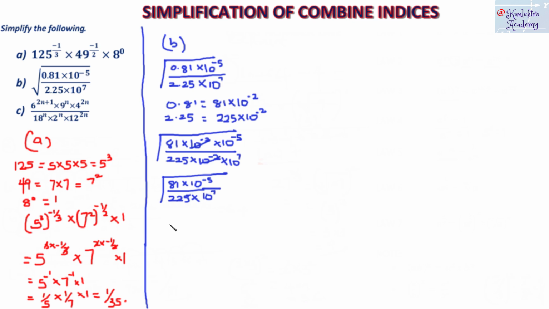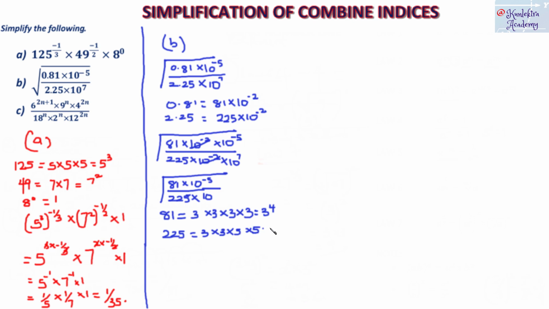Now, from this, you can find the prime factors of 81. The prime factors of 81 is equal to 3 times 3 times 3 times 3. That's 3 times 3, 9, 9 times 3, 27, 27 times 3, 81. That's 3 raised to power 4. Then for 225, you have 3 times 3 times 5 times 5.